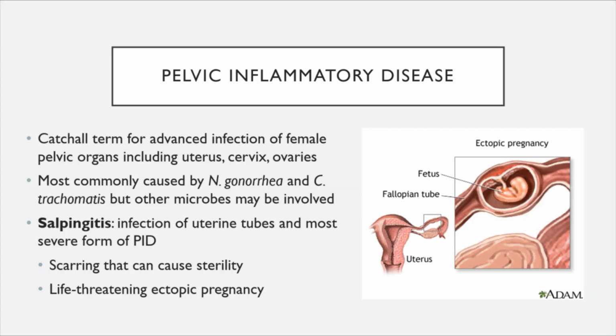So pelvic inflammatory disease is treatable, but the longer a woman has it, the more likely scarring is to occur. So it's important to address it early, and in particular to address sexually transmitted infections before they even progress to the point of being pelvic inflammatory disease.